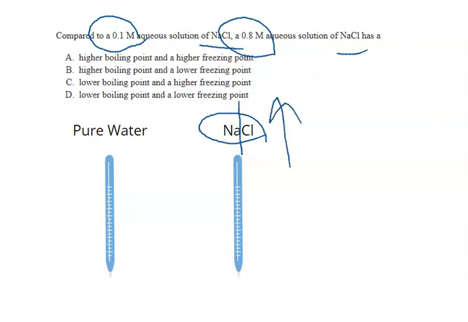The higher the boiling point, the lower the freezing point. Compared to 0.1 molar, 0.8 molar of NaCl is going to have a higher boiling point and a lower freezing point. Let's take a look at one more question where we have different solutes and different concentrations.